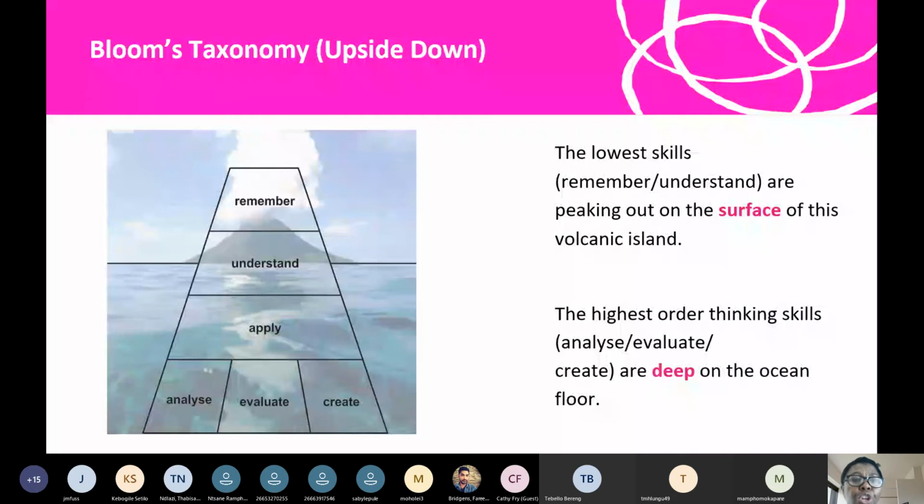But if we fall short, and we only focus in our classrooms on remembering and understanding, then there's a problem, because the learners that we're going to produce are not going in terms of global citizenship.